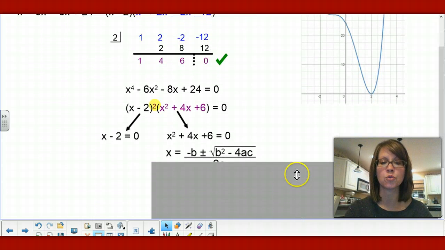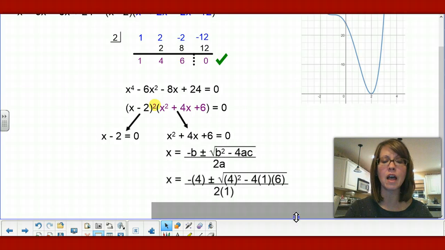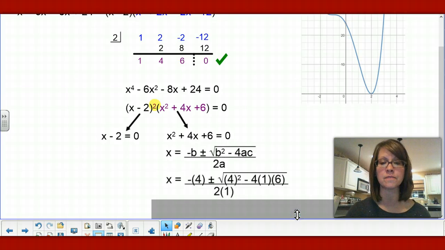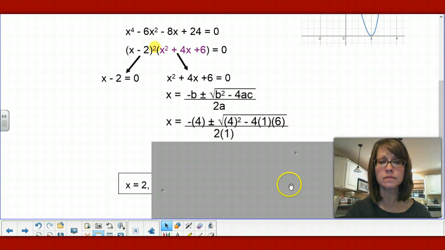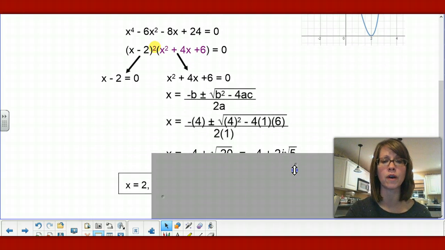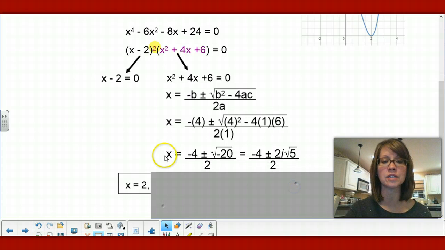Okay? Here's quadratic formula. I filled it in with the ABC, and then you're going to go through your order of operations, and you're going to get to negative 4 plus minus 2, square root negative 20. Okay, so here's a giveaway about part of the reason why we could not factor, because we are getting imaginary roots.